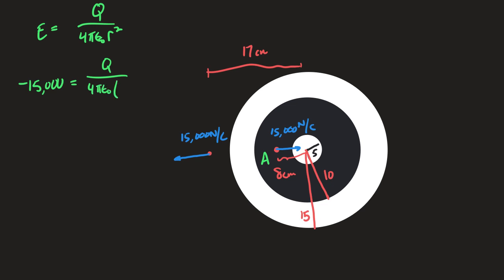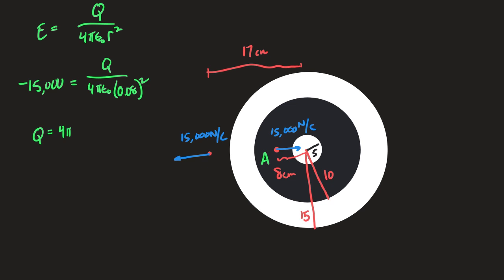And my 8 centimeters needs to be in meters. So it seems to me we're just a short calculation away from figuring out what the charge is on the inside sphere. And I never have to use the 5 centimeters there. So I'm going to continue, but I expect that charge to be negative is my answer.